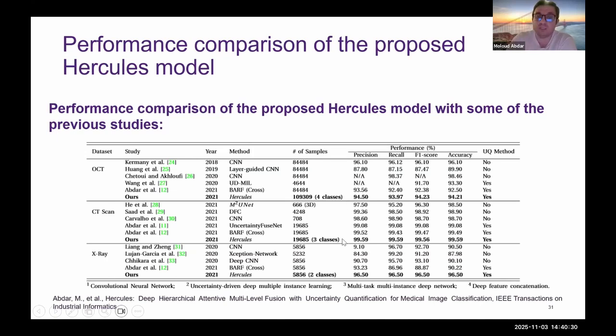We could beat them in terms of precision, recall, F score, and accuracy. And one point that I wanted to highlight: there are very few studies considering uncertainty quantification. For example, for OCT, only three studies, and in X-ray, just two studies have used it.